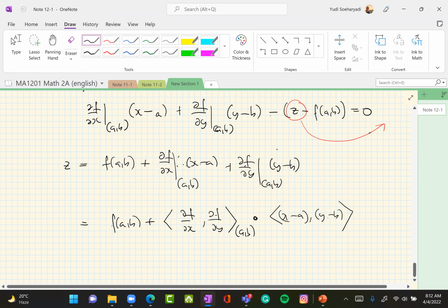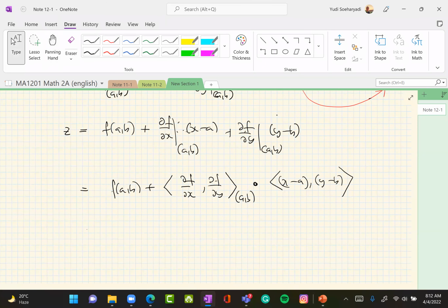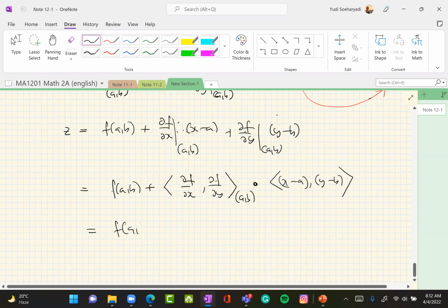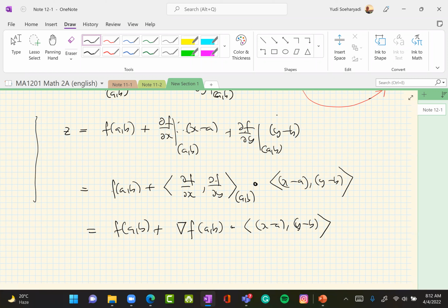There we go. And you can see this is because this is the gradient at a b, dot x minus a, y minus b. Okay, so this is nothing but, let me move this.